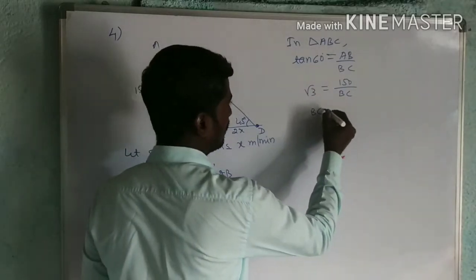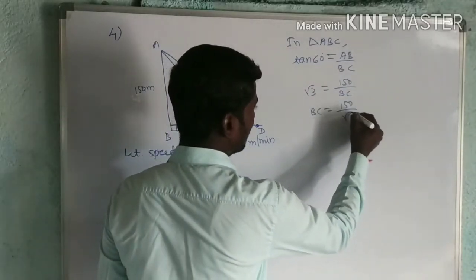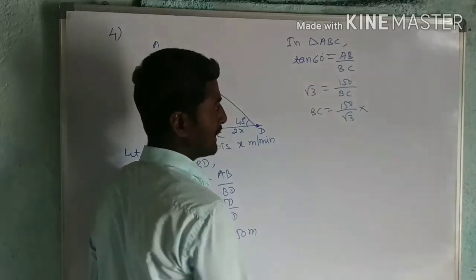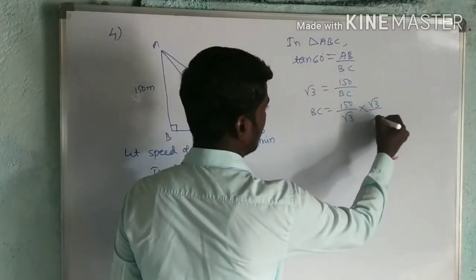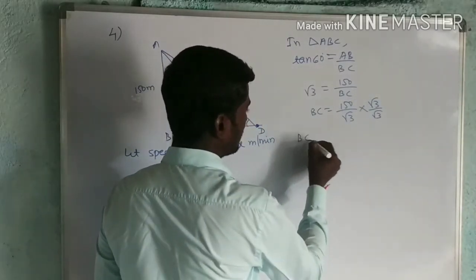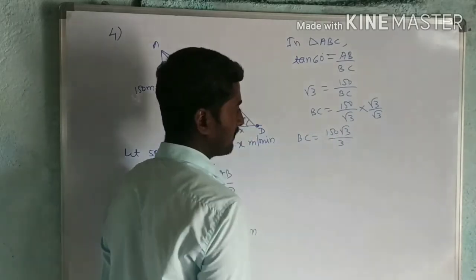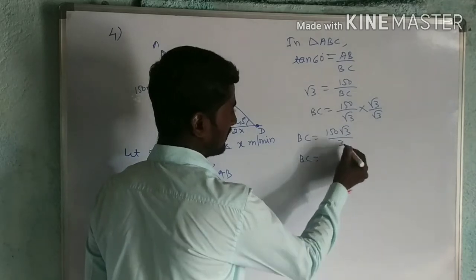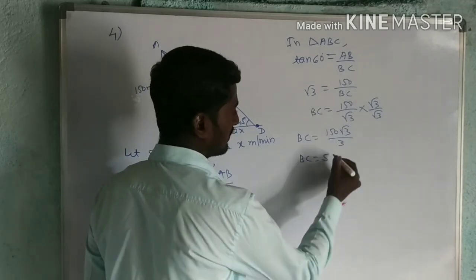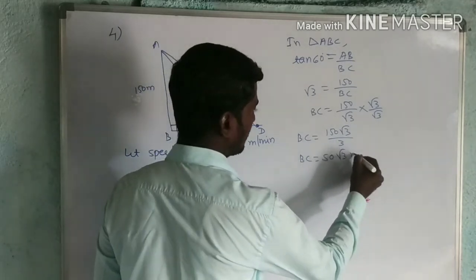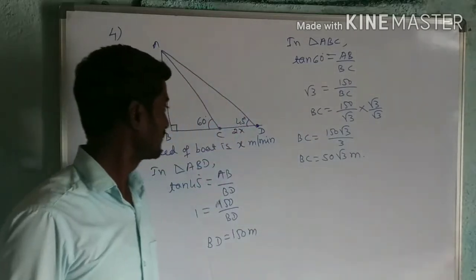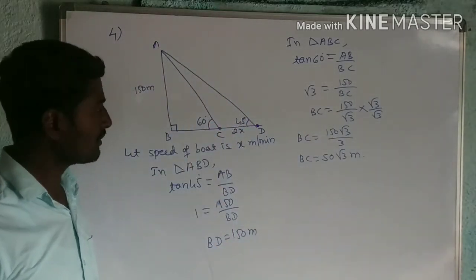Now BC is equal to 150 divided by root 3. Multiply and divide by root 3. I'll get BC is equal to 150 root 3 divided by 3. That BC is equal to what? 3 5s are 15, 50 root 3 meter. This is BC. So BC I got.